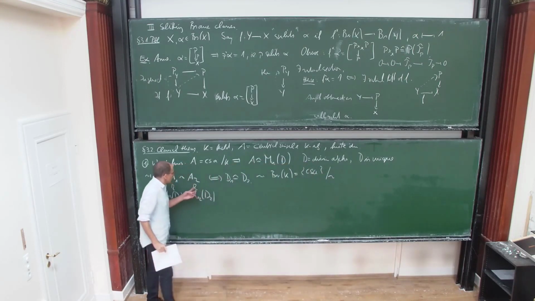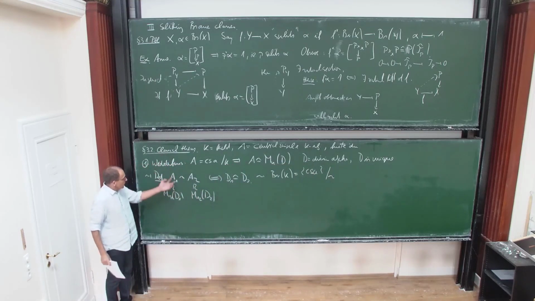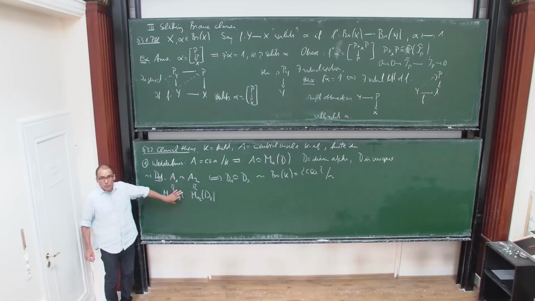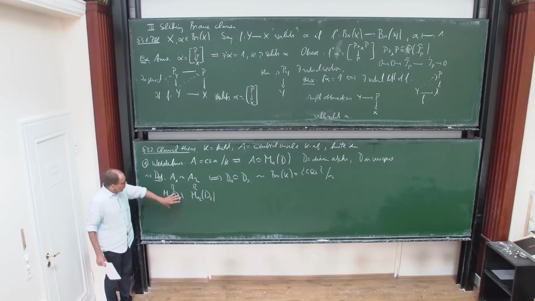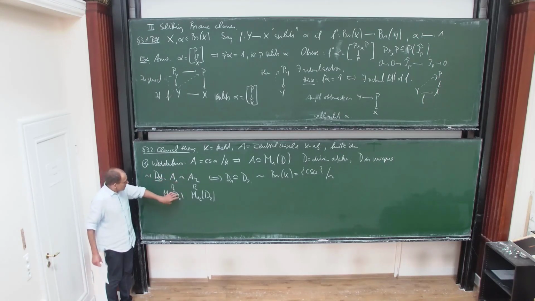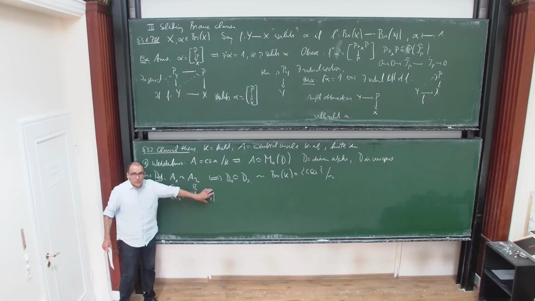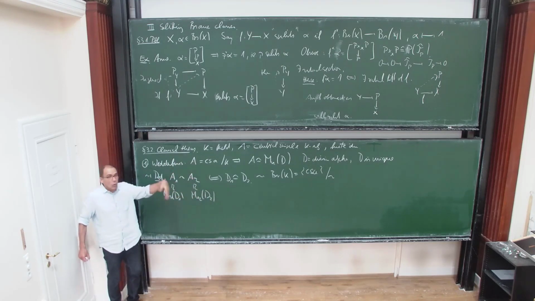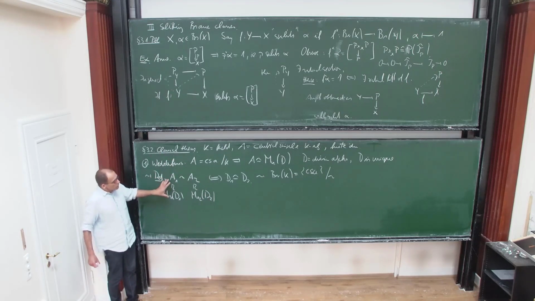You might wonder why people talk about central simple algebras and not just about division algebras. The point is, if you want to make the Brauer group into a group, you need to define the product, and the product is given by the tensor product of algebras. But the tensor product of two division algebras is not necessarily a division algebra, but only a central simple algebra. So in order to explain the product here, you have to talk about central simple algebras.